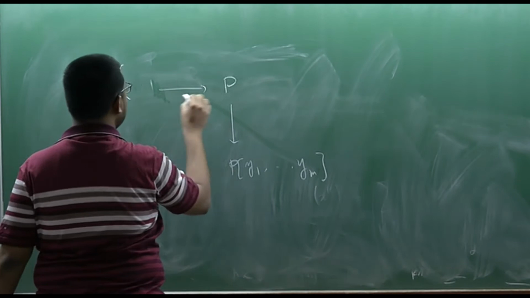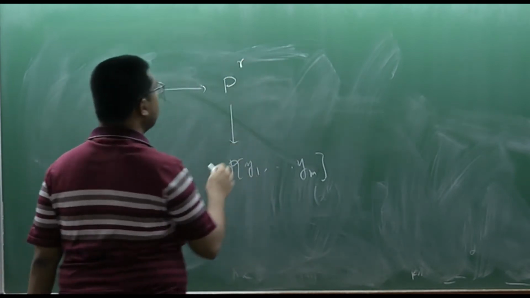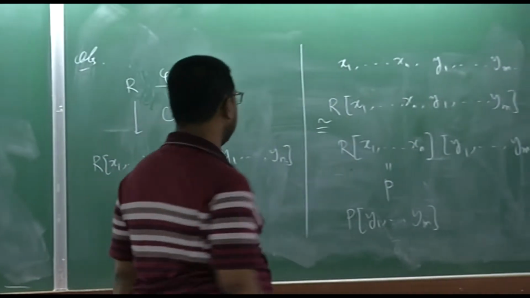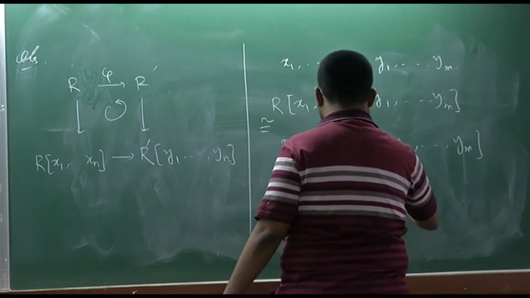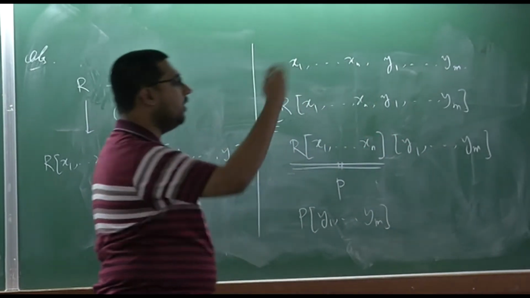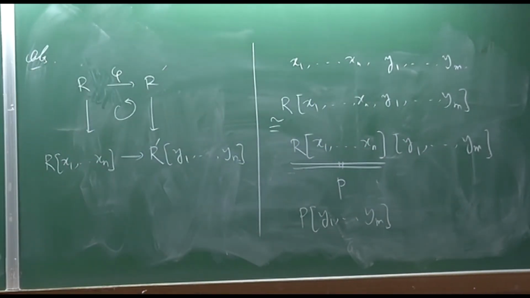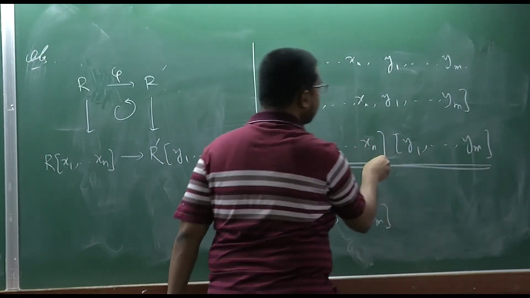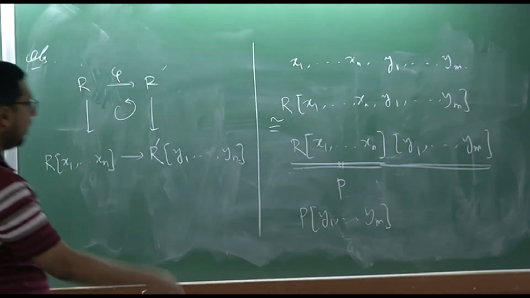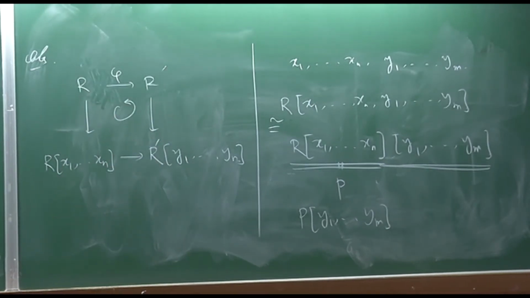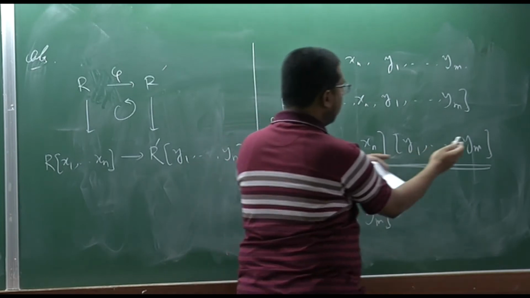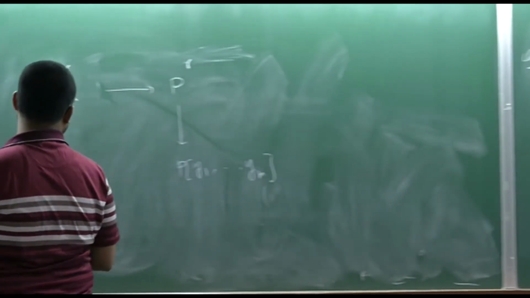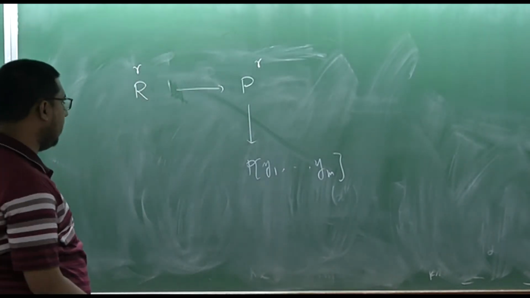Each small r is now being viewed as a constant polynomial in the variables x1 up to xn, and therefore it is lying in this ring, and then is further viewed as a constant polynomial over this ring, with the variables y1 up to ym. Okay. So, this homomorphism part is clear.